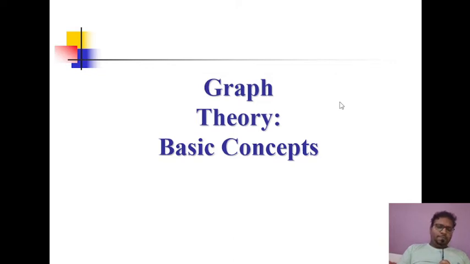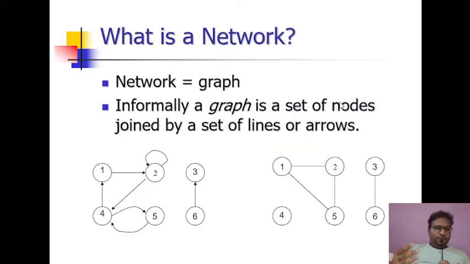How do you establish this network? Basically, a network is a set of nodes and a set of lines, or a set of edges. A network is a graph. It is a collection of a set of nodes as well as a set of lines, where the nodes are connected through the lines.